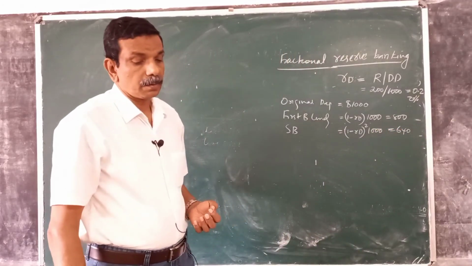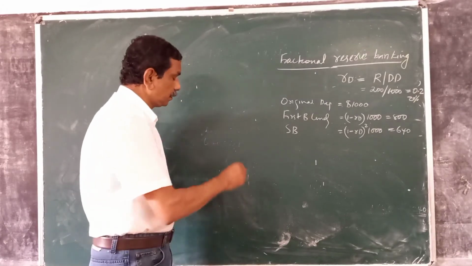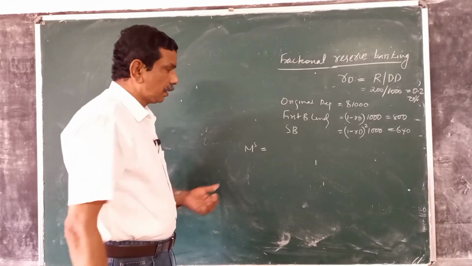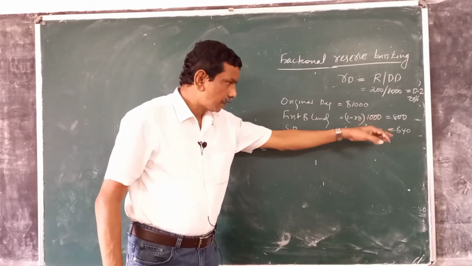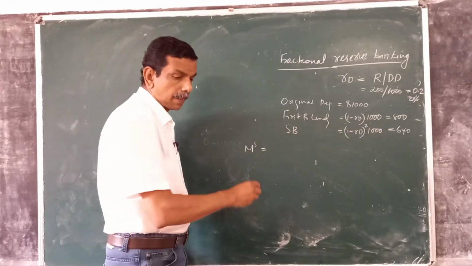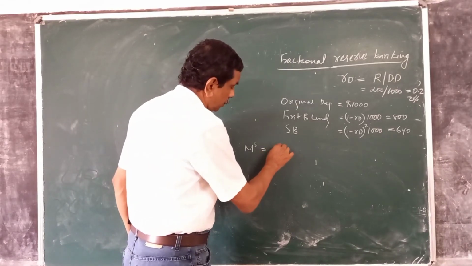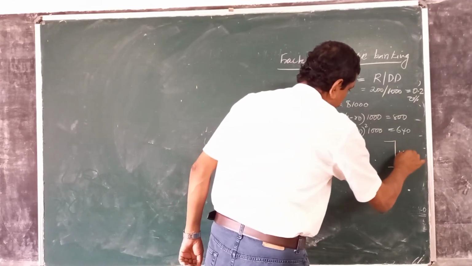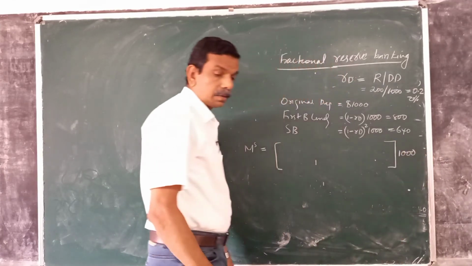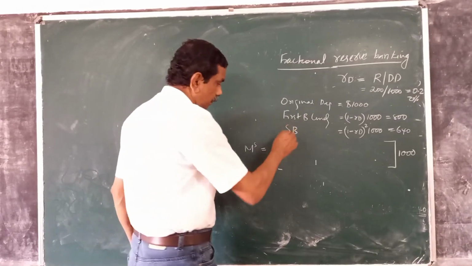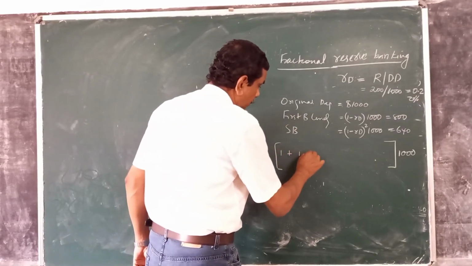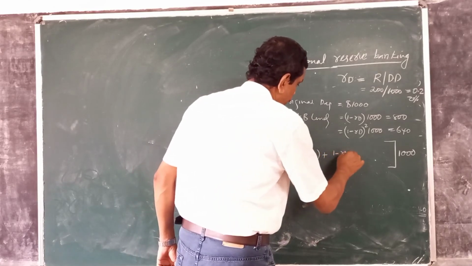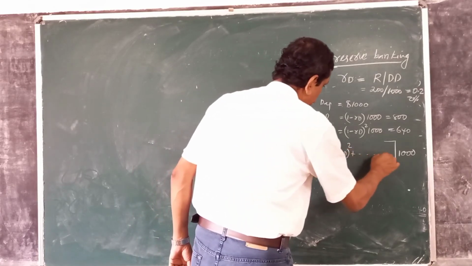And this process will go on, so that we can write money supply as equal to, again it is (1 minus RD) cube into 1000 like that, is equal to $1,000 into (1 plus (1 minus RD) plus (1 minus RD) square plus etc.)